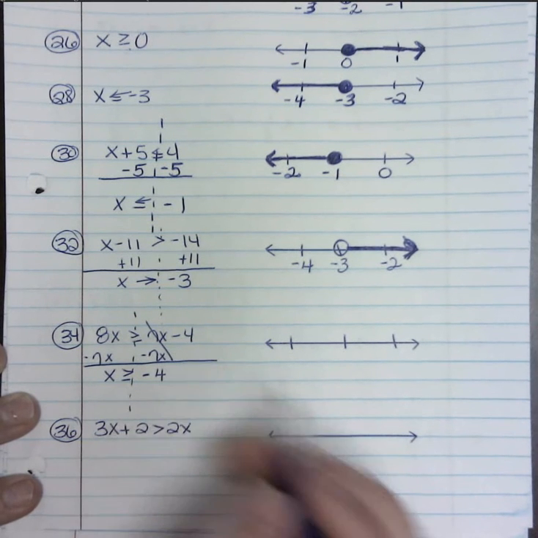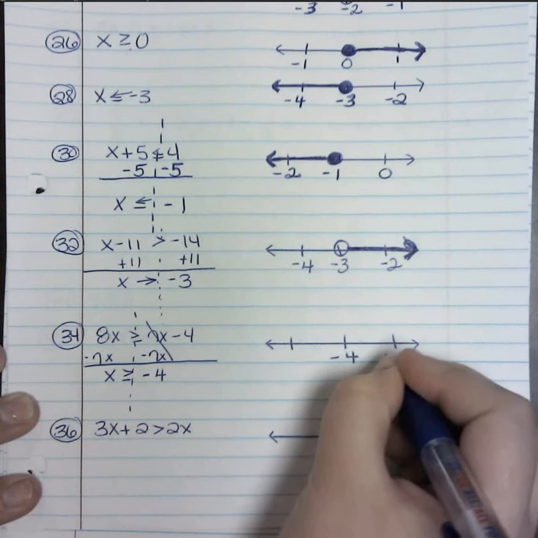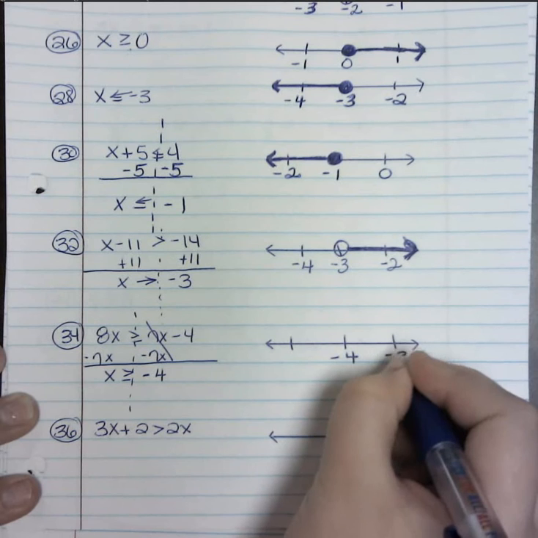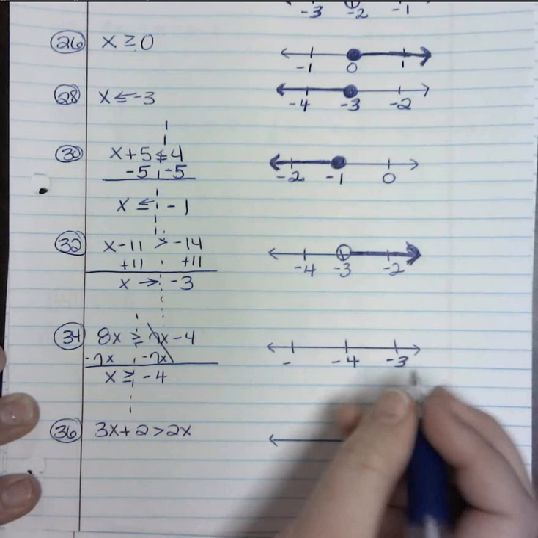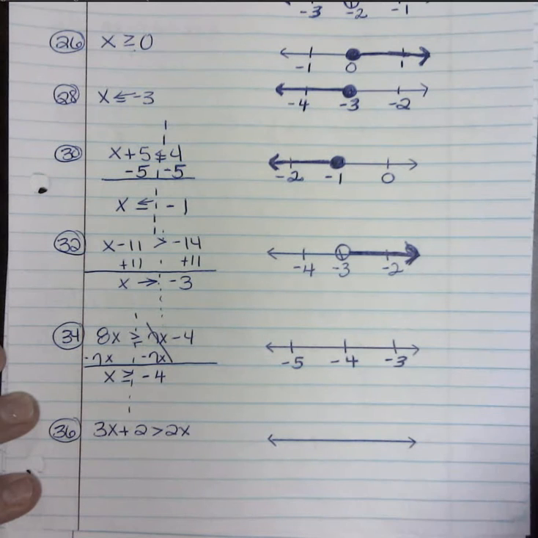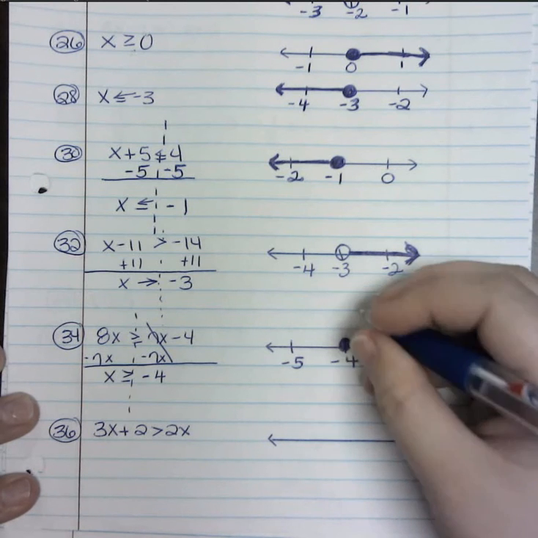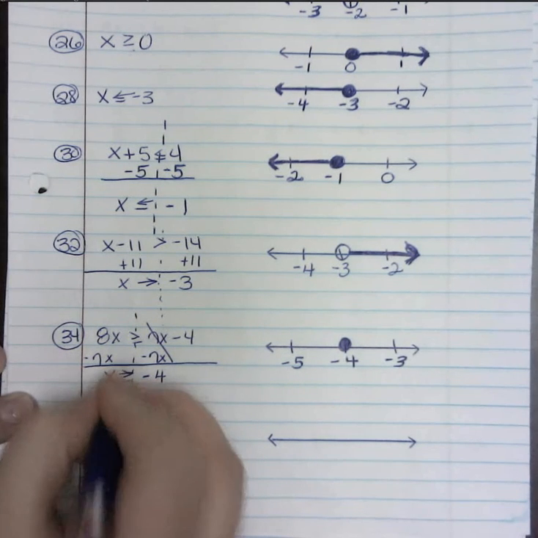So I'm going to use -4 for one of my numbers, -3 over here, -5 over here. I'm going to use a closed circle, and I am going to shade to the right.